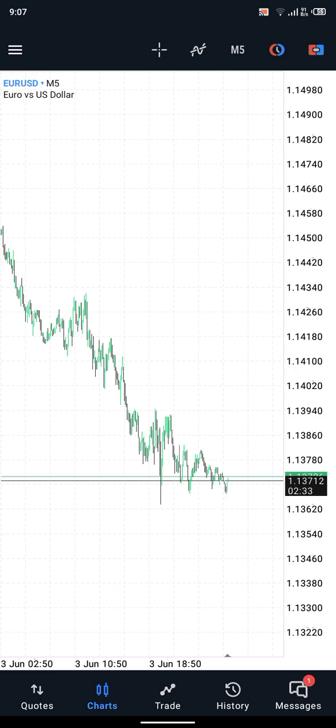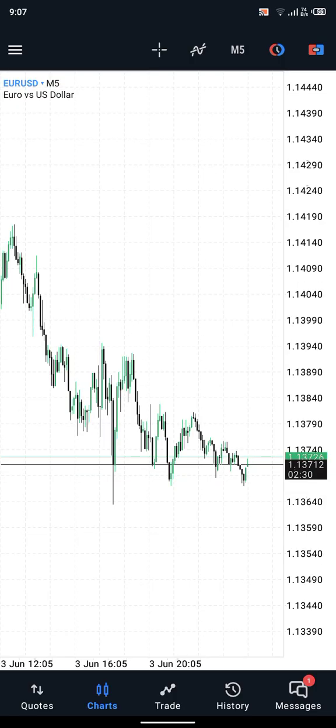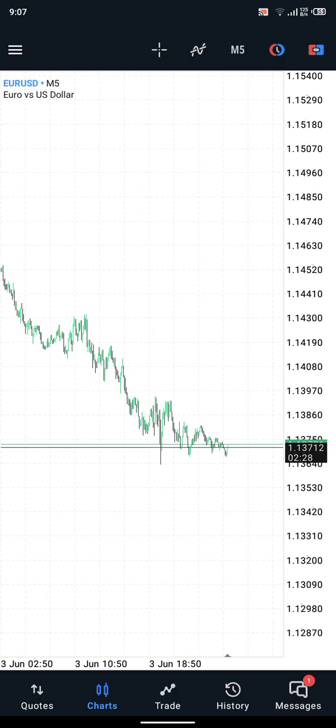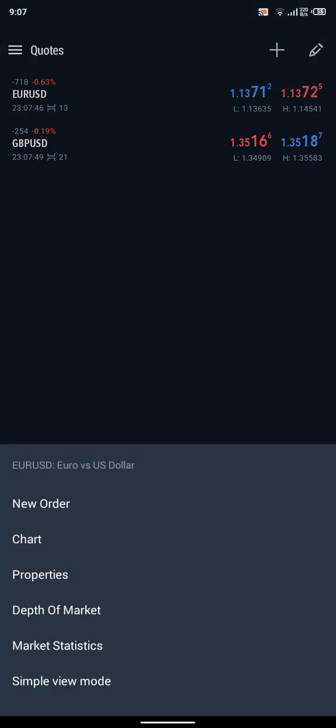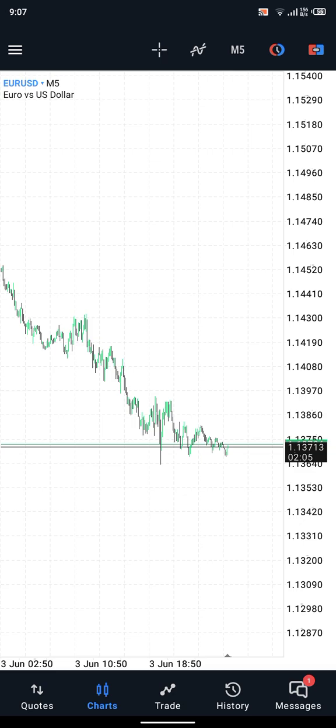In trading, we have what we call fundamental analysis, technical analysis, and sentimental analysis. So anytime I want to do my technical analysis, and maybe I want to see the Euro USD chart, this is where it's going to be.